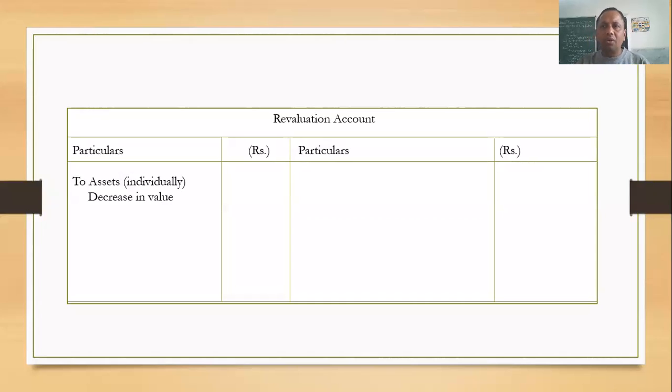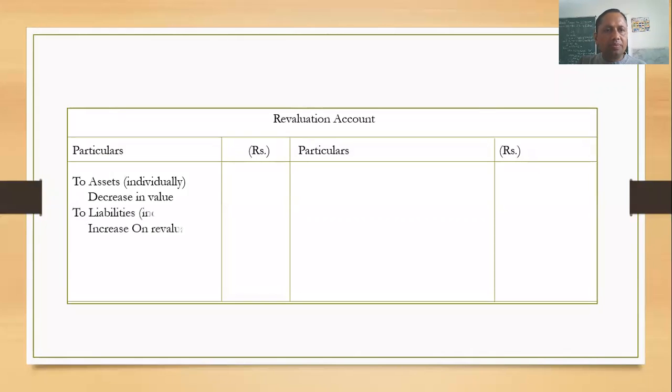It means the value of the fixed asset is decreased by 10%. So 10% of 80,000 is 8,000, and the value of the fixed asset is decreased by 8,000. So the 8,000 is shown in the revaluation account on the debit side.